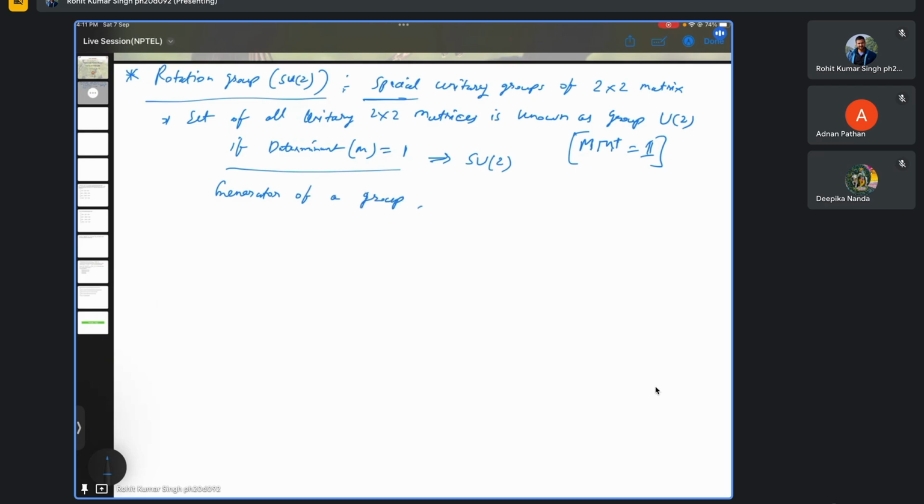This generator, denoted by J_i, is called the generator of the group. I'll tell you what its significance is later. For SU2 we have generators half sigma_i, where sigma_i are the Pauli matrices.